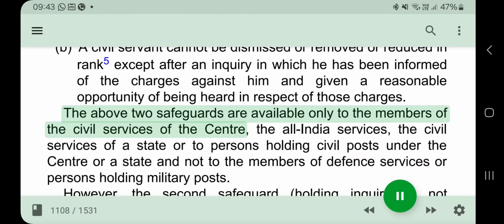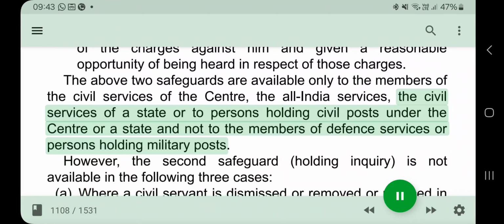The above two safeguards are available only to the members of the civil services of the center, the All India services, the civil services of a state, or to persons holding civil posts under the center or a state, and not to the members of defense services or persons holding military posts.